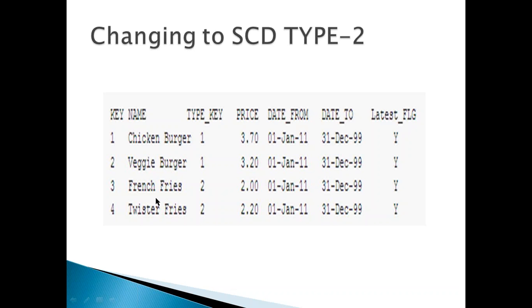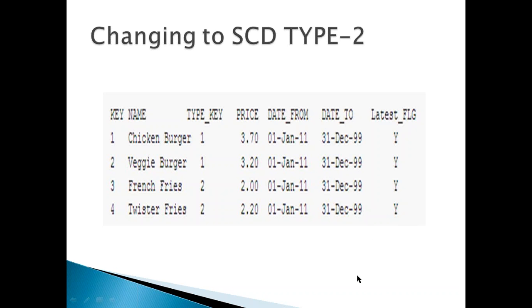For example, my French fries here is 2, right? From here I'll be changing it to 3. So when I change it to 3, there might be some duration between which your French fries price was 2 is active. That date you will specify here, date from to date to. Okay. So this is called as effective date.